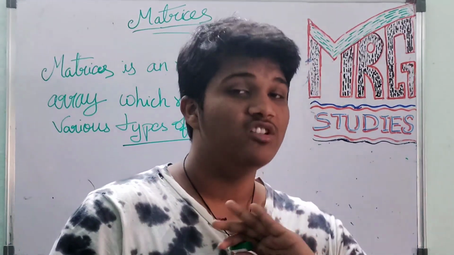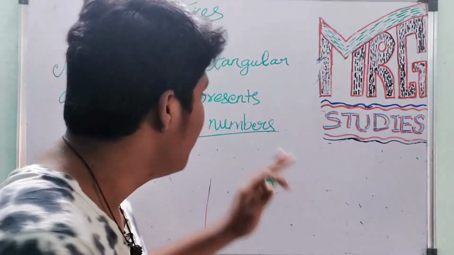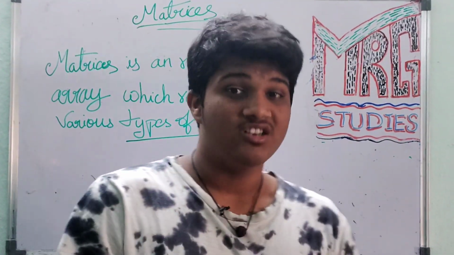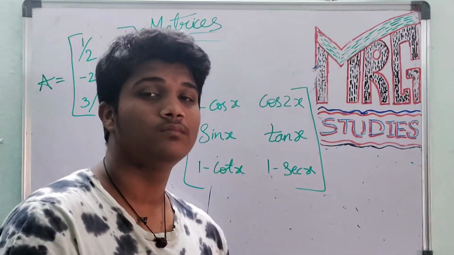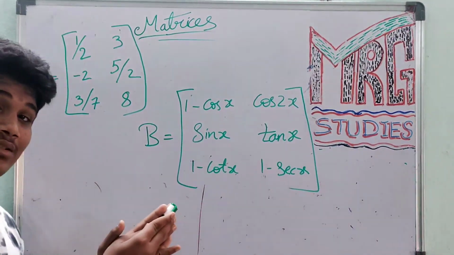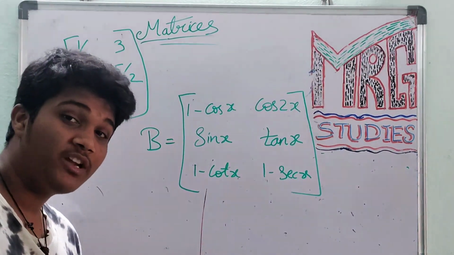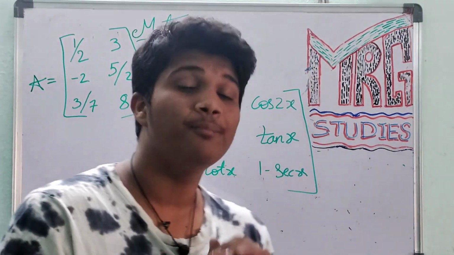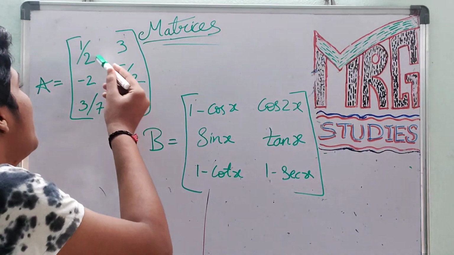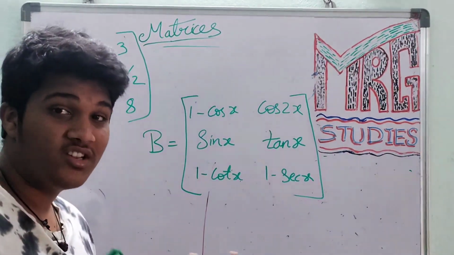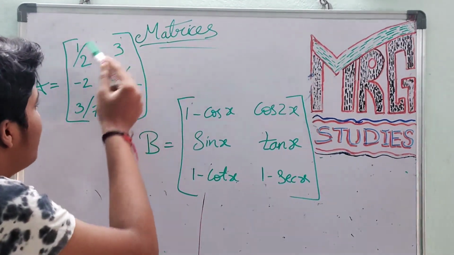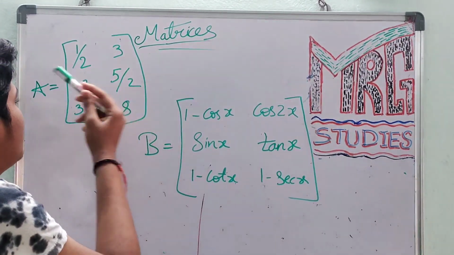Okay, now I will show you how it will be if it represents functions or irrational numbers, rational numbers. See friends, now I am showing the other types of numbers that we can represent in the mode of matrices. See friends, 1 by 2 is a fraction, or we can say a rational number, right? We have in matrices rational numbers, natural numbers, integers.